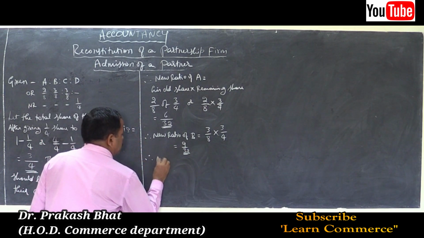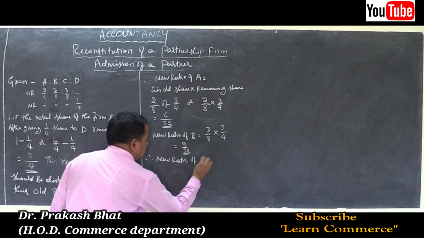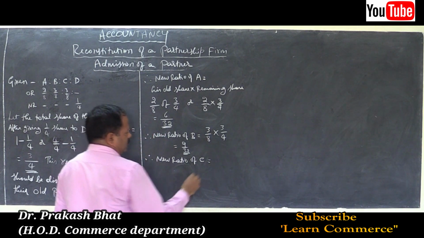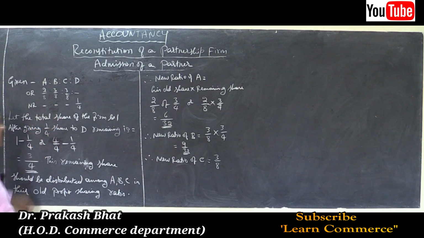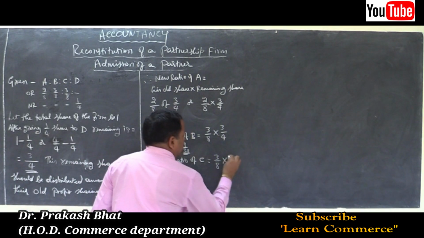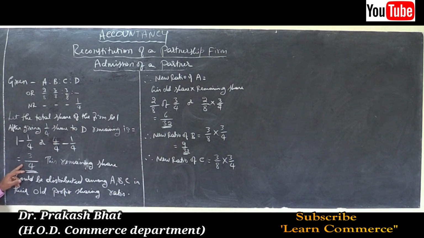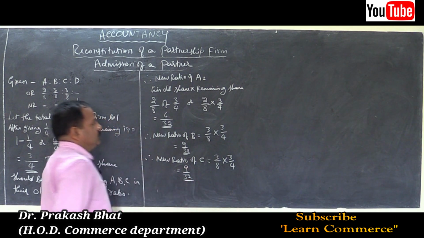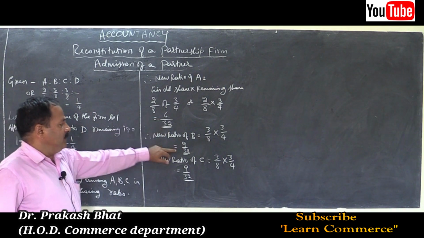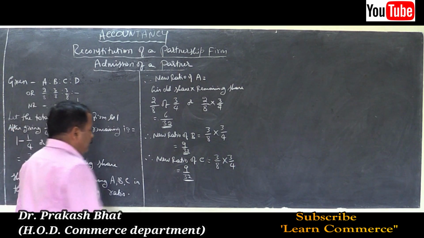Therefore, new ratio of C is equal to 3/8, that is old ratio 3/8, of the remaining share, that is 3/4, is equal to 9/32. So we got the new ratios of A, B and C, and the new ratio of D is already given in the problem, that is 1/4.